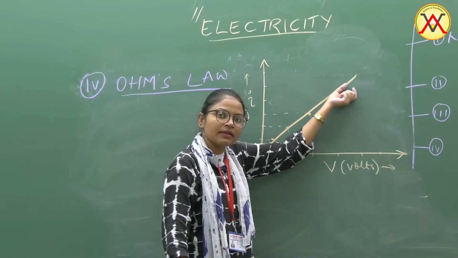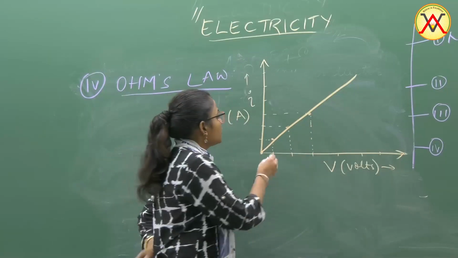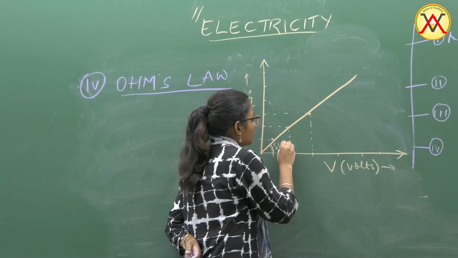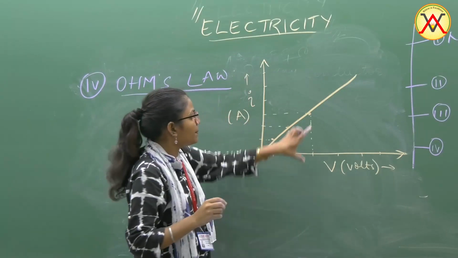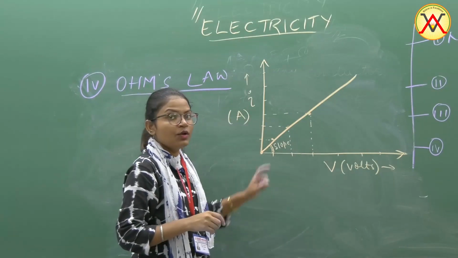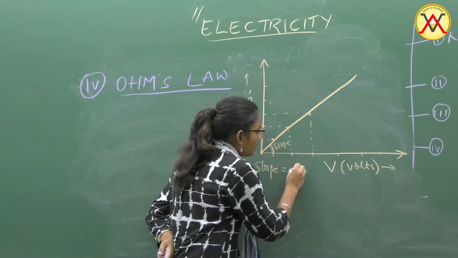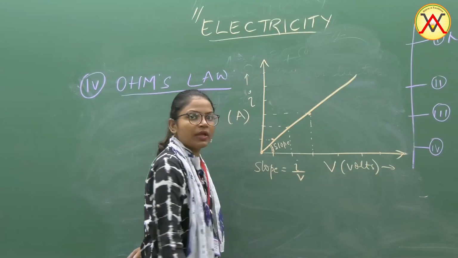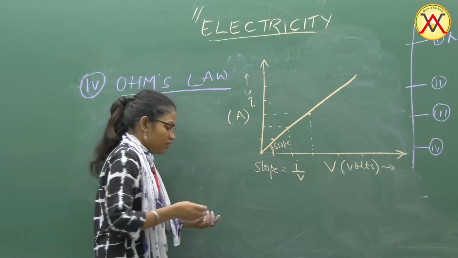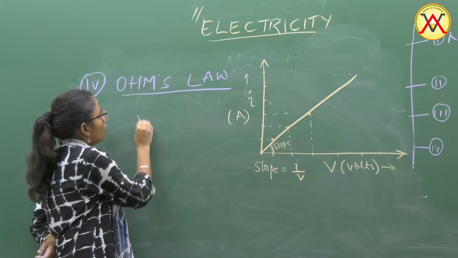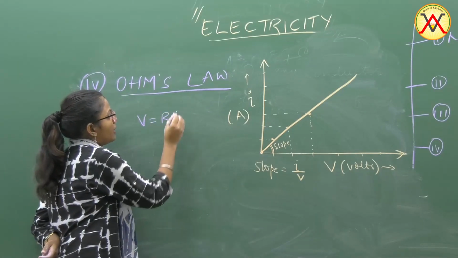This was a straight line curve, but the slope of this curve, slope is nothing but perpendicular upon base. Slope of this curve was I upon V. And remember our equation from Ohm's law, V equals to RI.